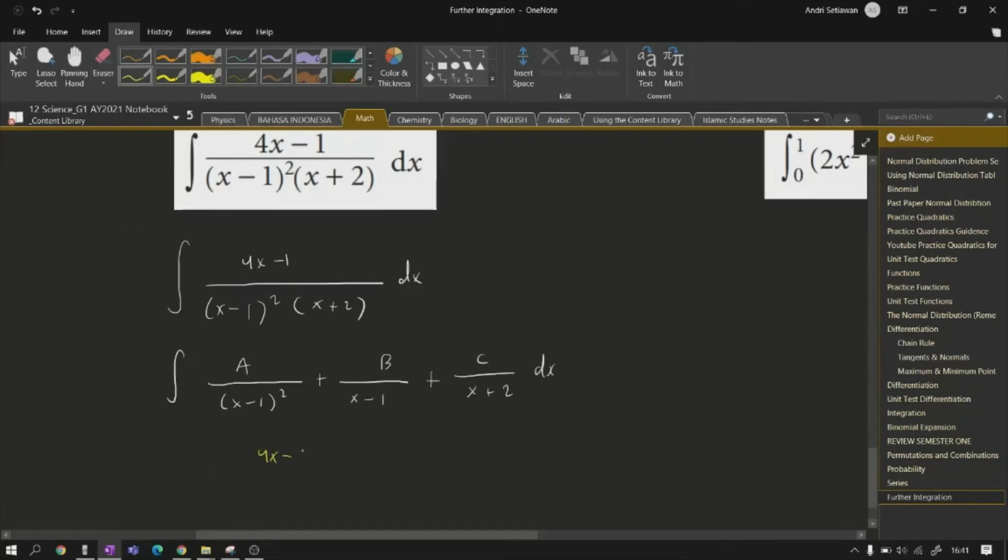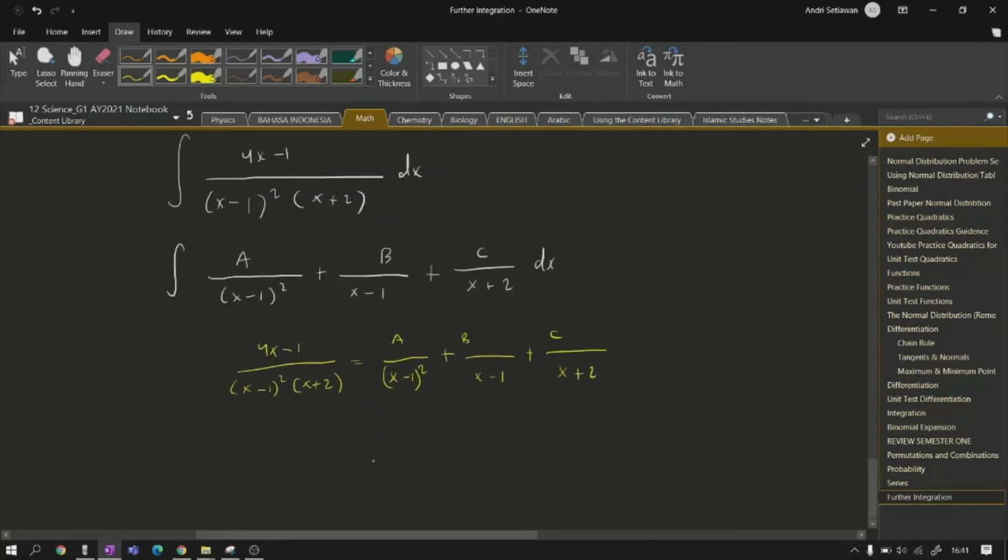Okay, for (4x − 1) over (x − 1)² (x + 2), it can be broken out into three parts: A over (x − 1)² plus B over (x − 1) plus C over (x + 2).